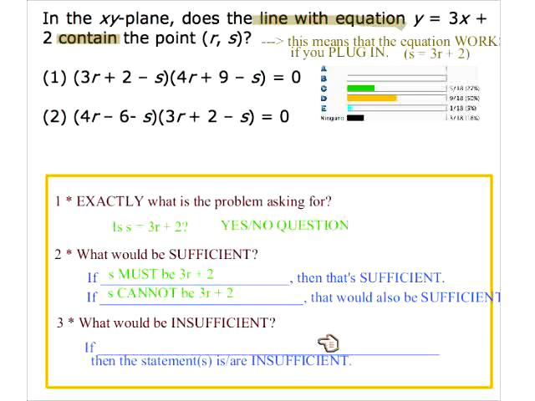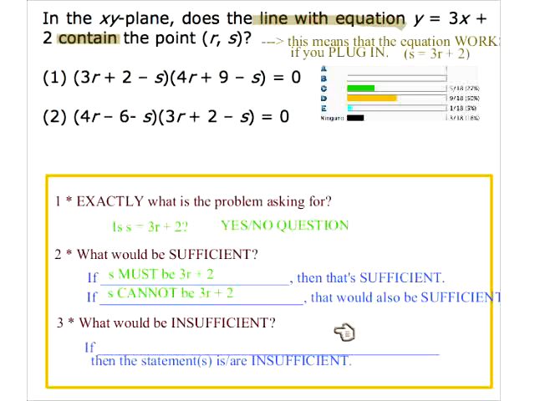What would be insufficient? Text box, please. This question. What would be insufficient? Multiple values of S or R? No, that's wrong.